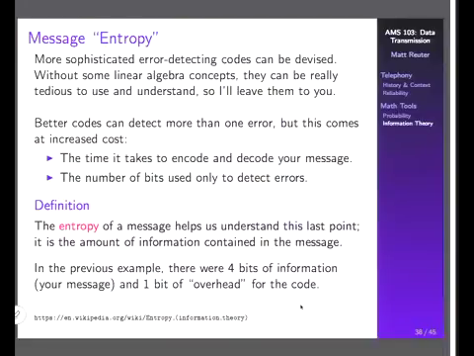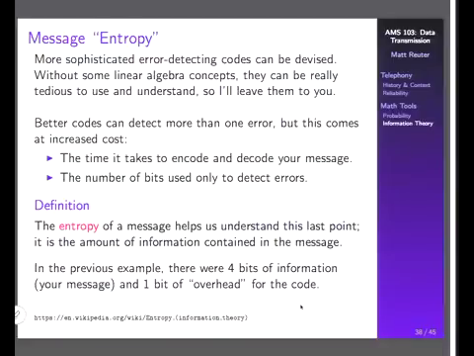As we think about more sophisticated error detecting or error correcting codes, are they going to be as good, or is it going to be a little more imbalanced between the message size and how much overhead there is? We're going to have to add more overhead, which means the entropy is going to be thrown a little more out of whack.